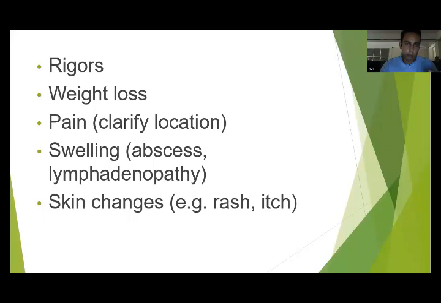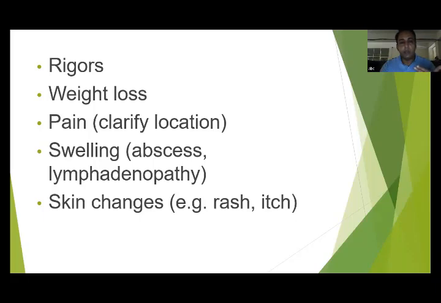Pain is always a very helpful feature for doctors to clarify and make a diagnosis. If a patient has fever with abdominal pain, think about abdominal causes. Fever with joint pain, think about connective tissue or rheumatological disorders.